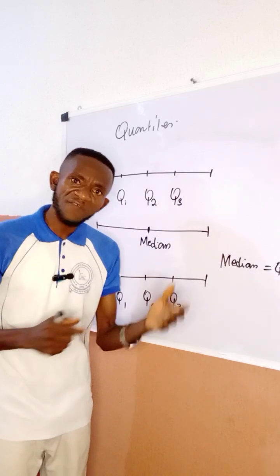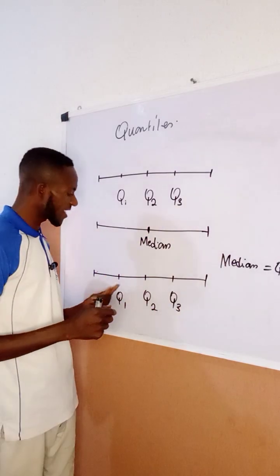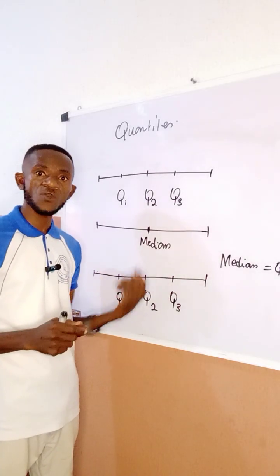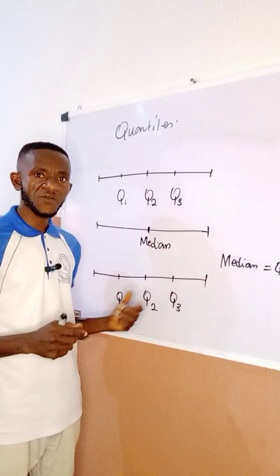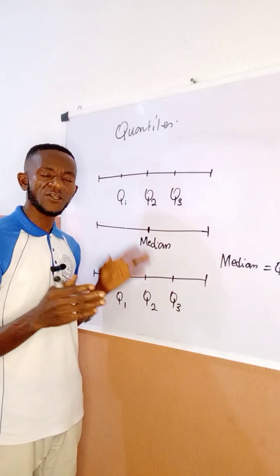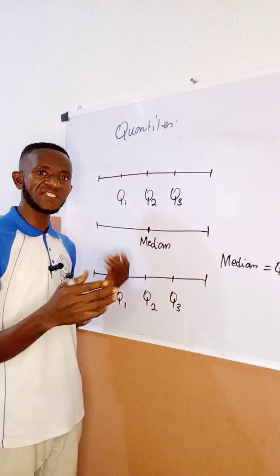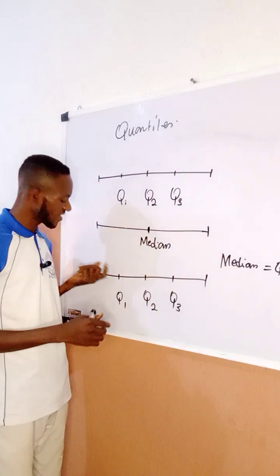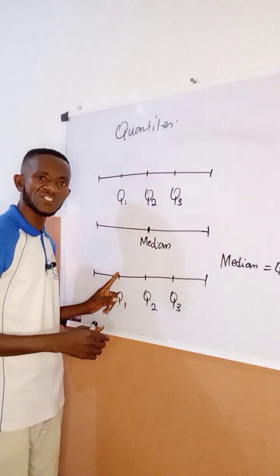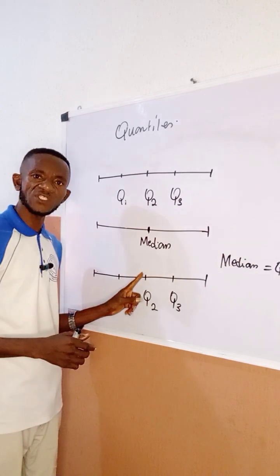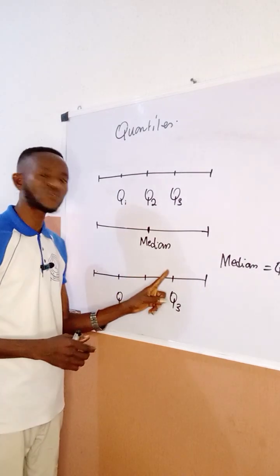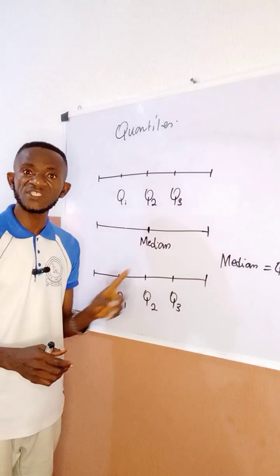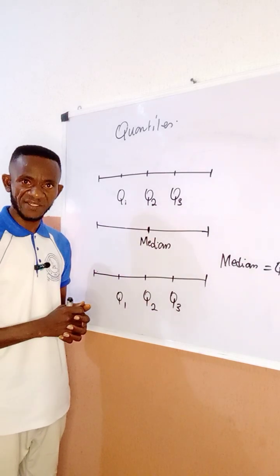However, what we have here is 3 lines that divide this line into 4 equal parts. If I have 4 equal parts, for me to get 100, one part from these 4 parts has to be 25. That is to say that from here to here is 25, from here to here is 25 to give me 50, from here to here should be 25 to give me 75, and from here to here should be 25 to give me 100.